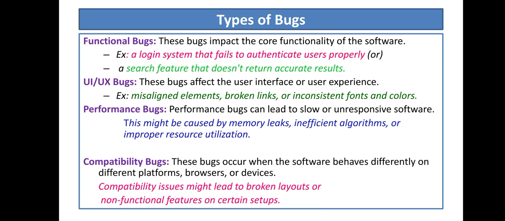Performance bugs mean slow running or slow response of the programs, and sometimes not responding to input. Compatibility bugs mean it's not working on certain hardware or software applications. These are some examples.